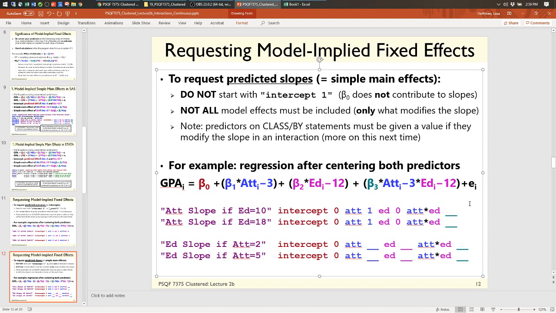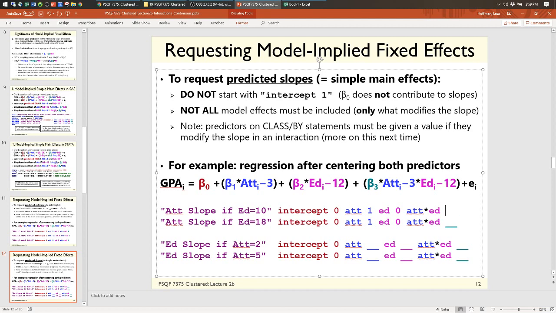Now what goes here is the conditionality. I've started off with 1 beta 1. Now I'm talking to how many beta 3s I need. So in order to get the predicted slope for attitudes, if education is 10, what goes here? -2.